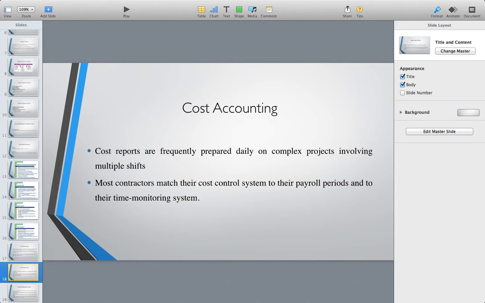The major concerns in maintaining an effective cost control system include the following. So you're comparing your actual cost to your estimated cost. So pretty much what we said. On page 334, figure 12-8, cost account analysis. You could take a look at that.